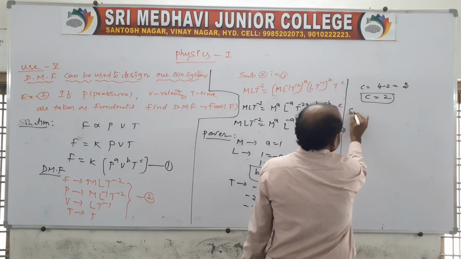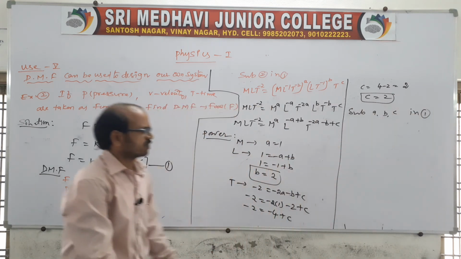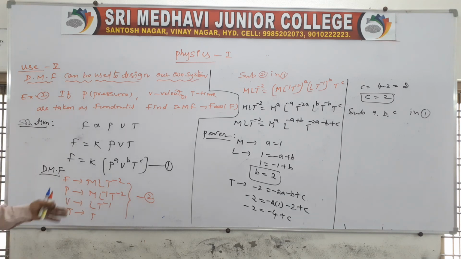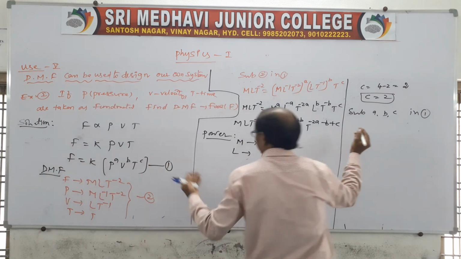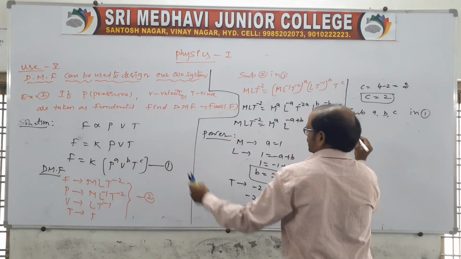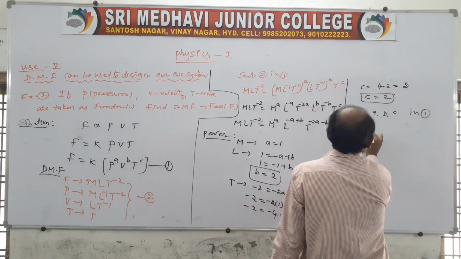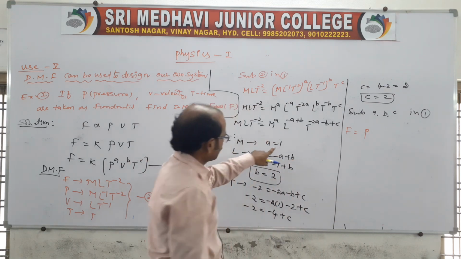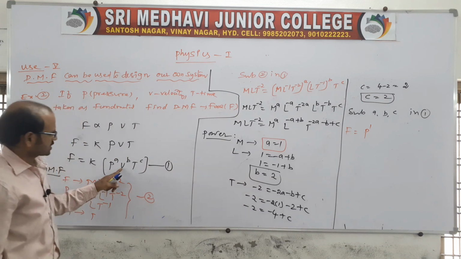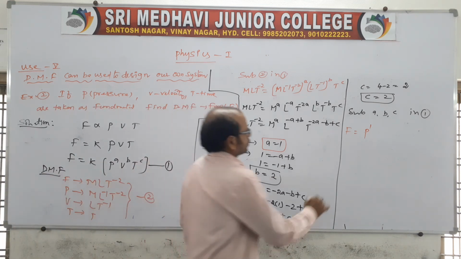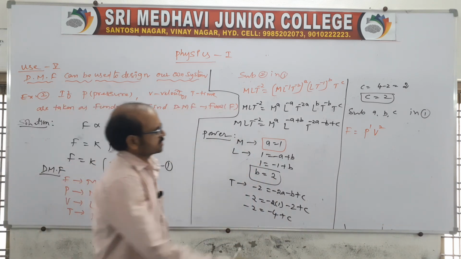Now substitute A, B, C in equation 1. We'll get the new, our own system, because we are substituting these A, B, C values. So in equation 1, F is equal to K, the dimensionless constant, you leave it, P power A, and A is 1, so power 1, and velocity V power B, B is 2, so you write 2 here, and T power C, where C is 2.